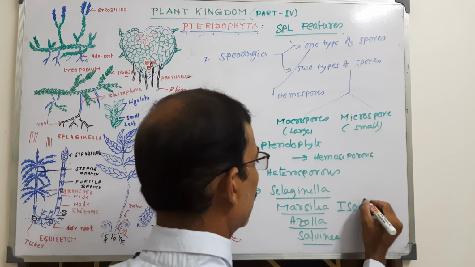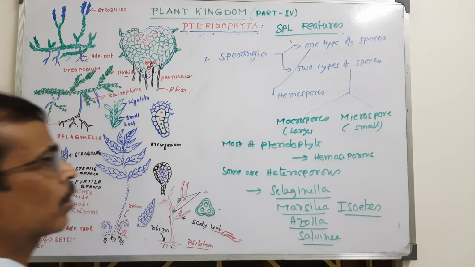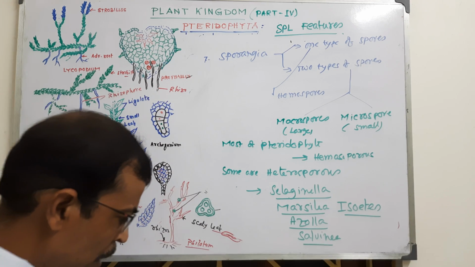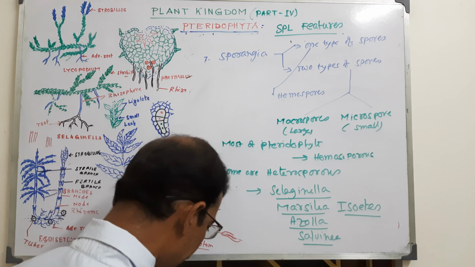These are heterosporous, that is, they produce two types of spores in their life cycle.